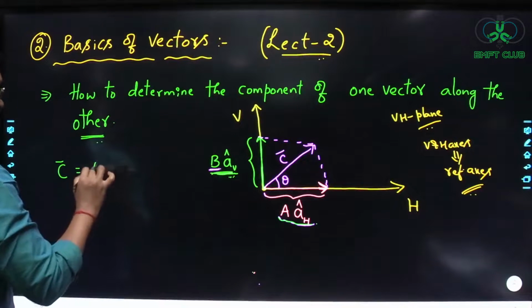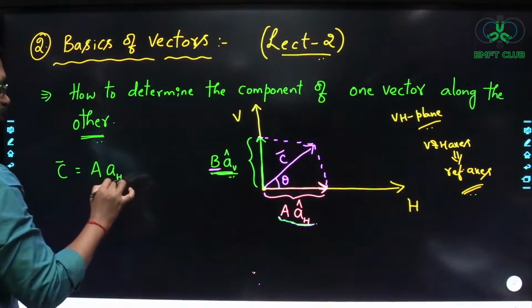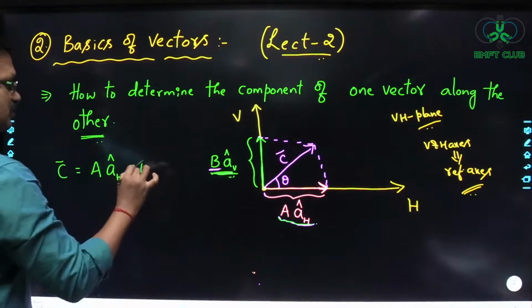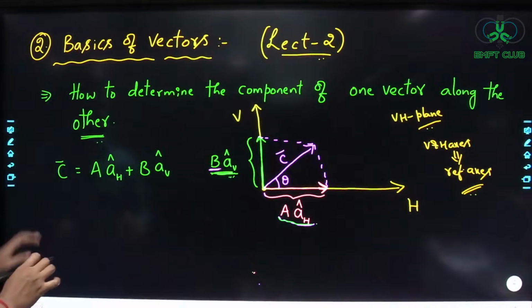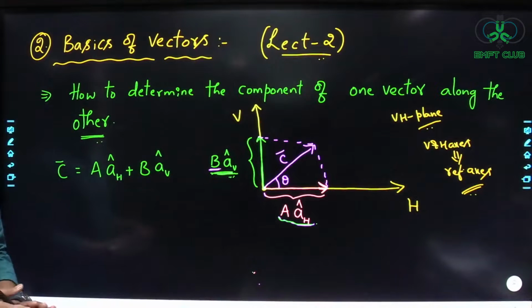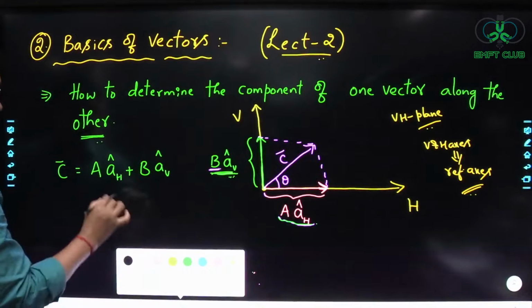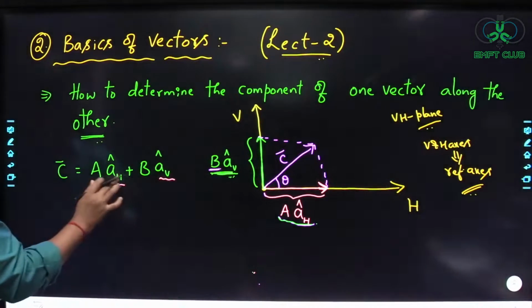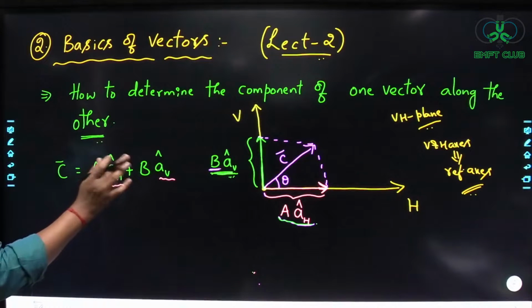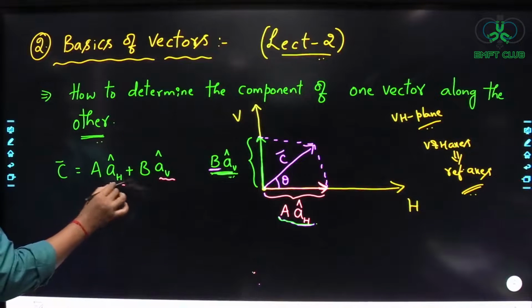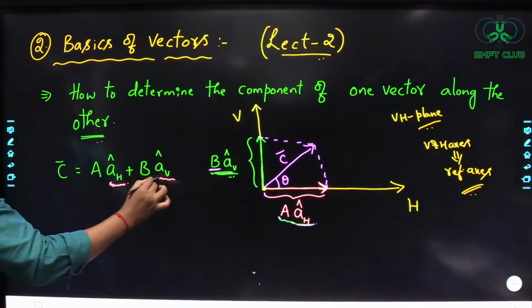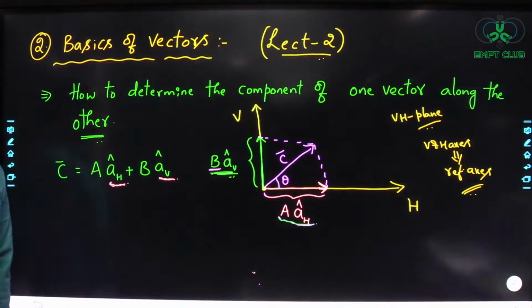That is, C bar is equal to A into AH cap plus B into AV cap. In this manner we can represent any vector in this VH plane in terms of the reference axis, that is, in terms of AH cap and AV cap.